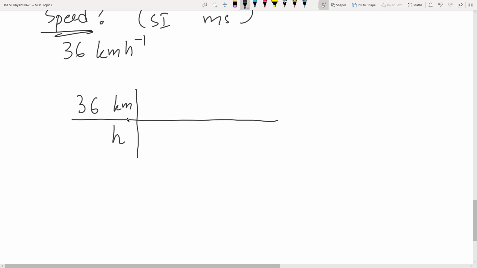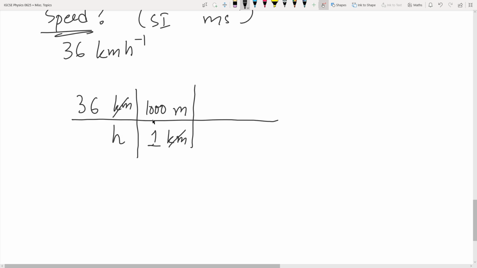Now remember, I will independently convert these. To remove kilometer, I need to divide by kilometer. So I do know this is 1 kilometer, so 1 kilometer is crossed out here, but 1 kilometer is equal to 1000 meters. So this is how it will go. Now we have converted kilometers into meters.